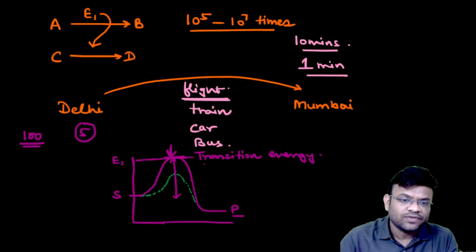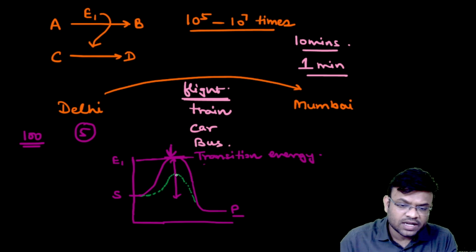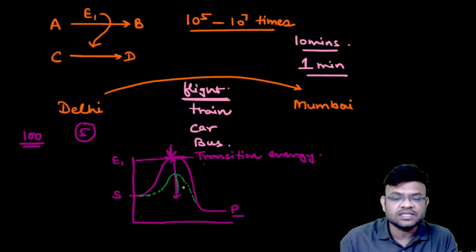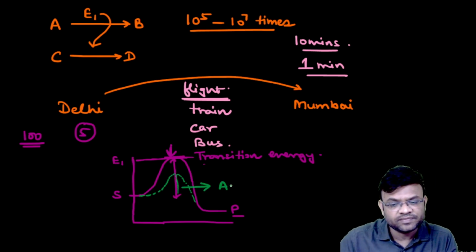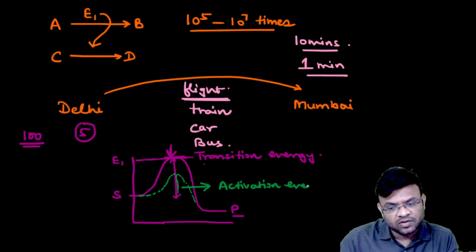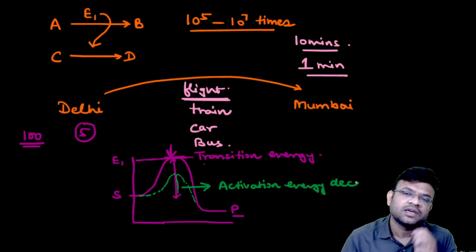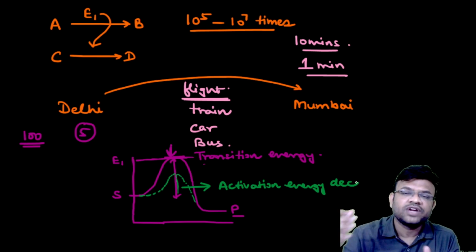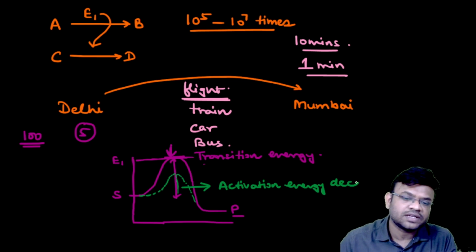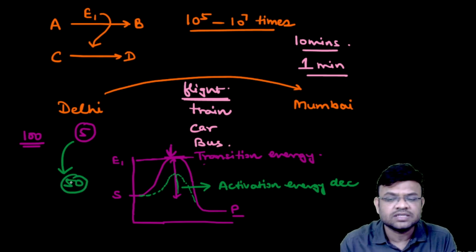So when you are using an enzyme, the activation energy decreases. Previously it was big, now it has decreased, because of which more substrate molecules will be taking part in the reaction. Let us say previously only 5 substrate molecules were taking part, now let us say 50 substrate molecules are taking part in the reaction.